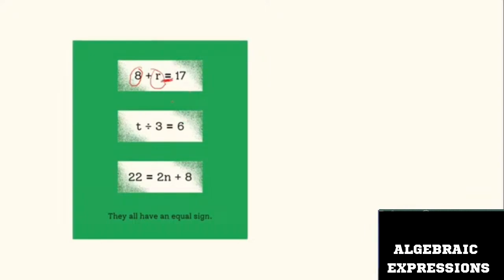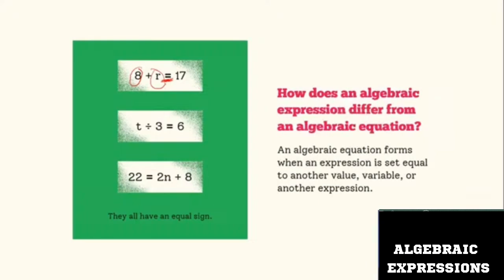In this case, if an algebraic expression contains an equal sign, it is called an algebraic equation. All right. So we equate that algebraic expression to another value, which may be a variable or another expression, or maybe another number. It depends.